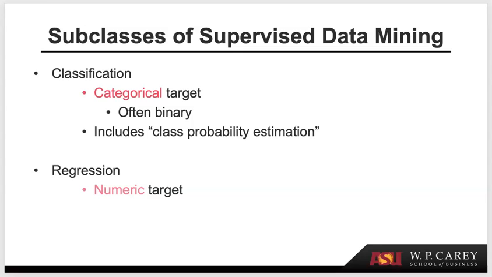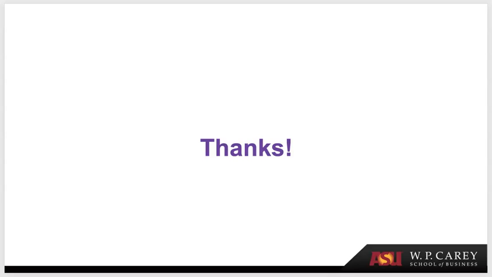And what distinguishes the two approaches? The nature of the target. If it is categorical, then you need a classification model. If it is a numeric target, then you need a regression model. Thank you.